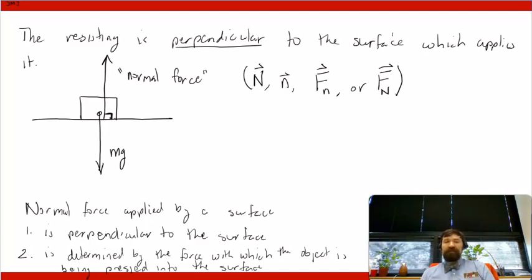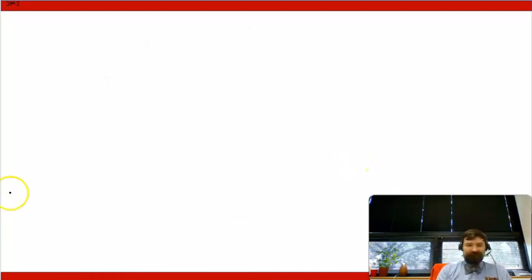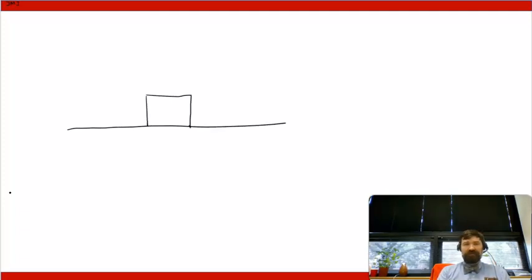Case in point, I could have a box like this. So again, here's my surface. Could have a block like this. It has some amount of gravity acting downwards. And then it may be that I am trying to lift this object, or maybe me and a friend are trying to lift this object.